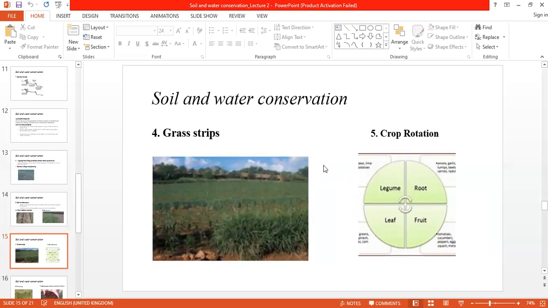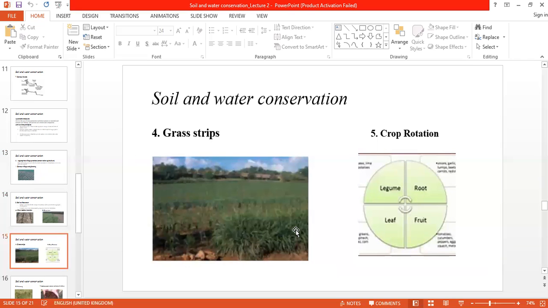It will block, for example, this grass strip here. There's a strip here, even there and there. It acts to block water as it comes in this direction, so that it reduces the speed of water.